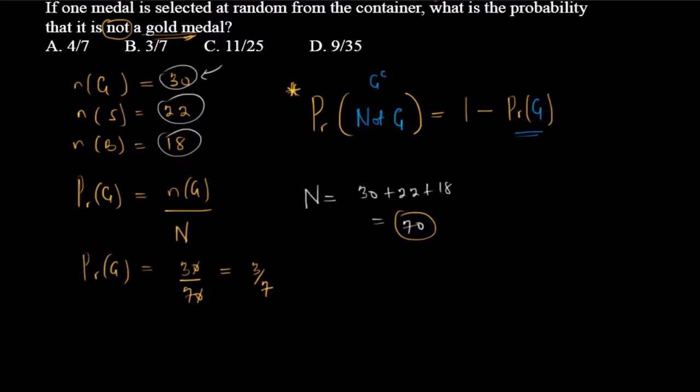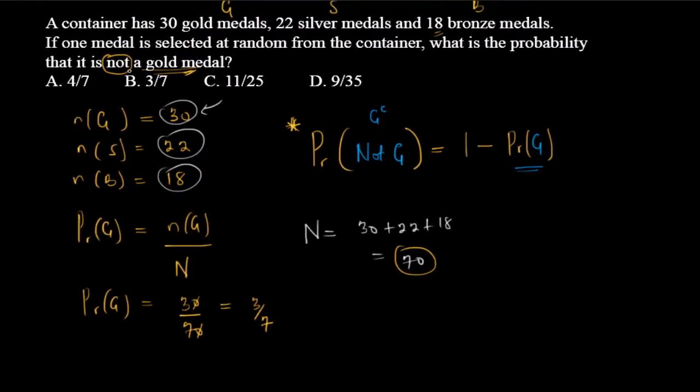But this is not what they told us to find. We're told to find the probability of not G. So the probability of not a gold medal equals 1 minus the probability of G that we obtained, which is 3 over 7.